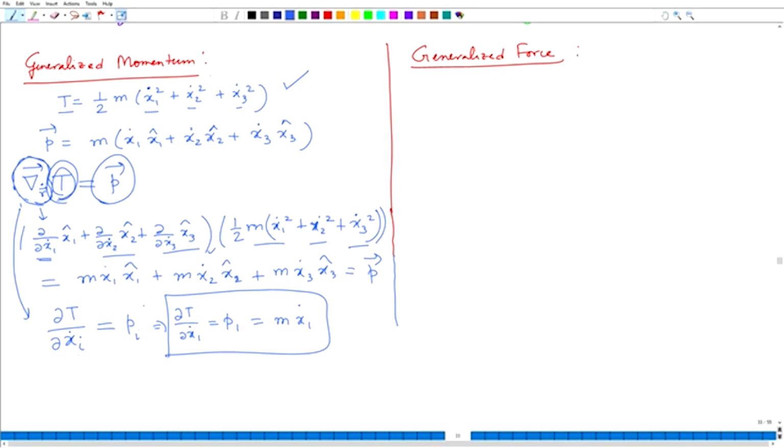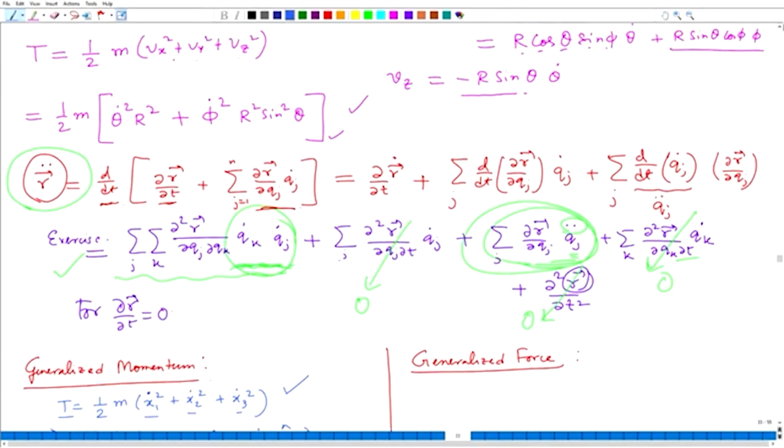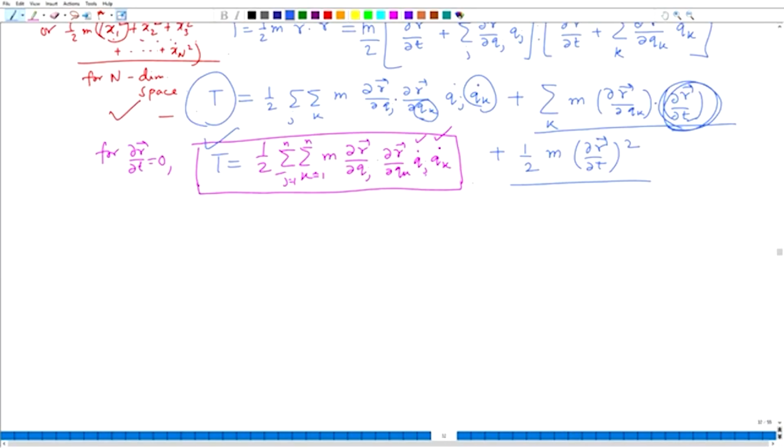Now, I can generalize this concept for the generalized coordinates and velocities. If you remember, I have already successfully expressed the kinetic energy T in terms of the generalized coordinates and generalized velocities.